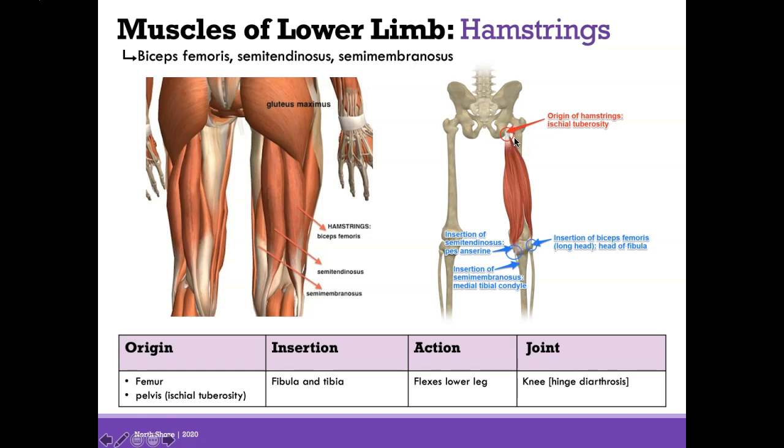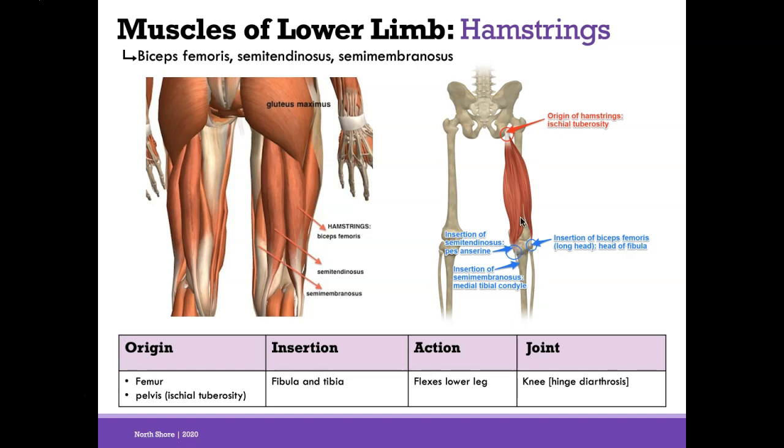So this is the ischial tuberosity of the pelvis. And it inserts all the way down on the fibula and the tibia. So overall, the hamstrings start at the ischial tuberosity of the pelvis, and they go all the way down to the knee, where the fibula and tibia are.